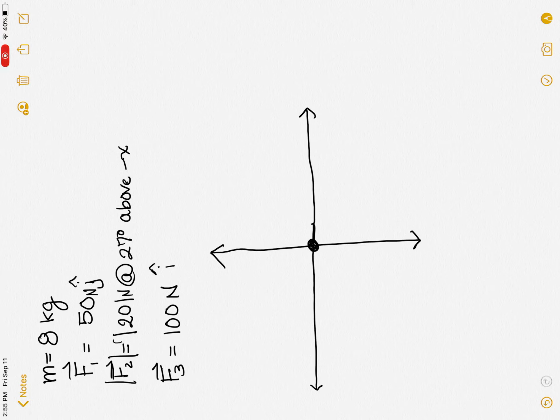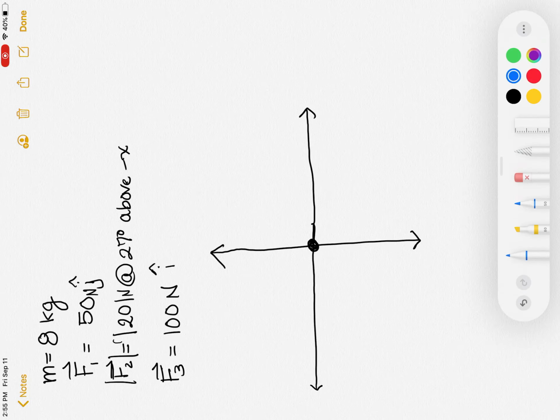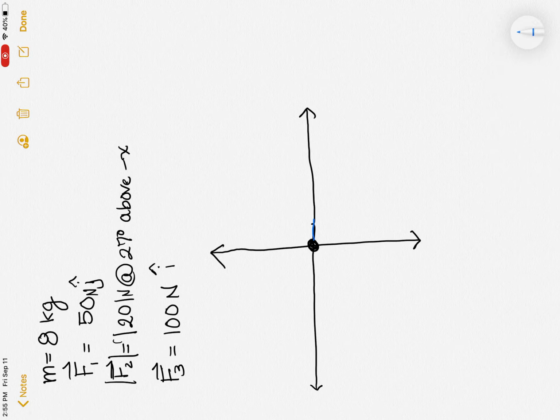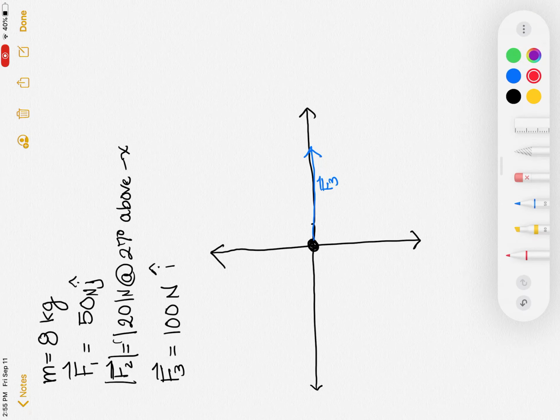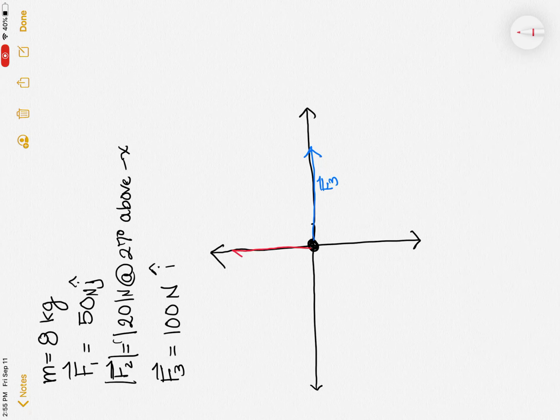So in the center we have our mass m. I can say that here I have, this is going to be F1, or no, this is going to be F3 because it's 100 newtons in the i hat direction. Here I'm going to have F1.